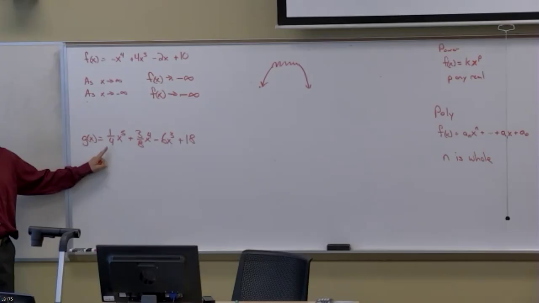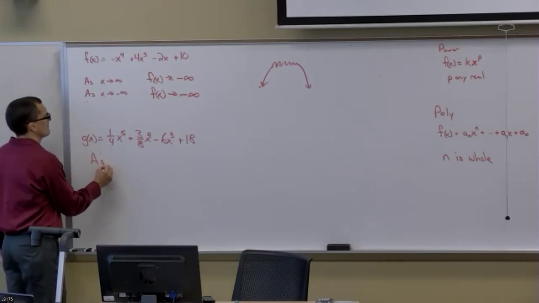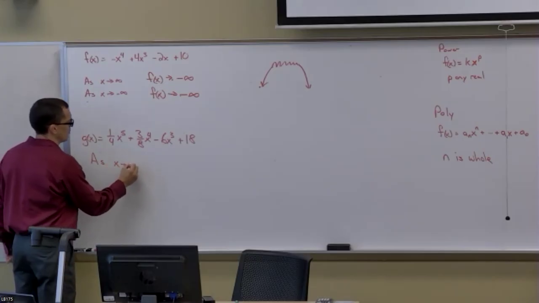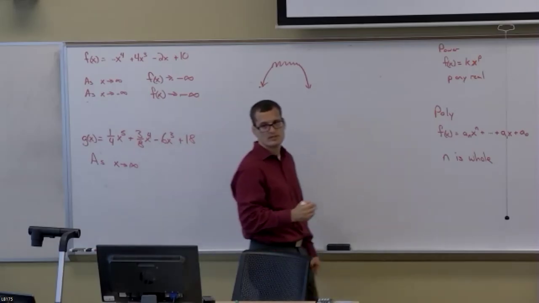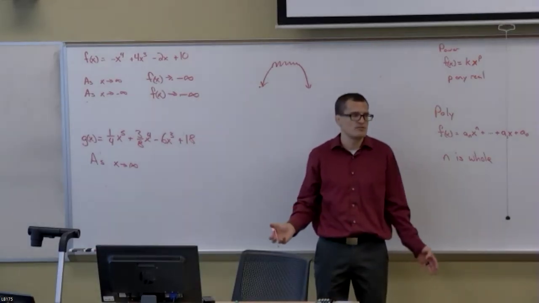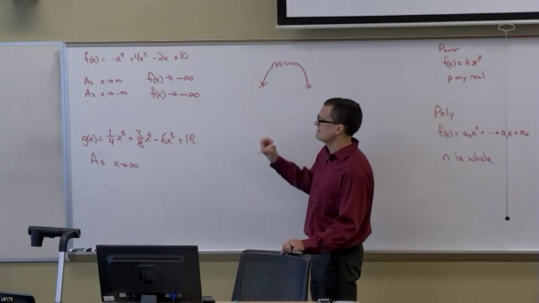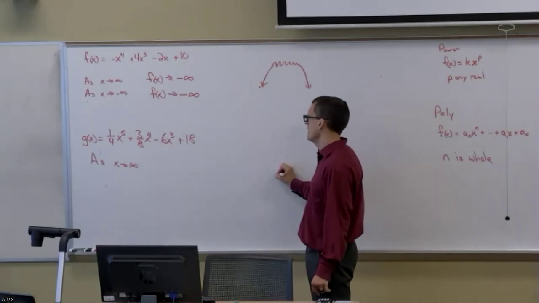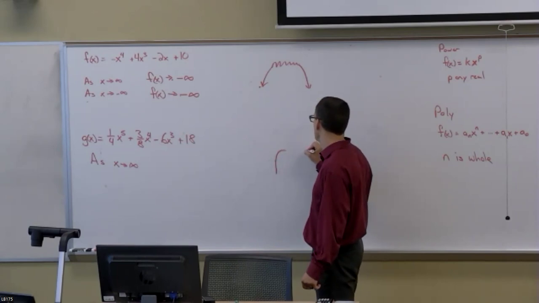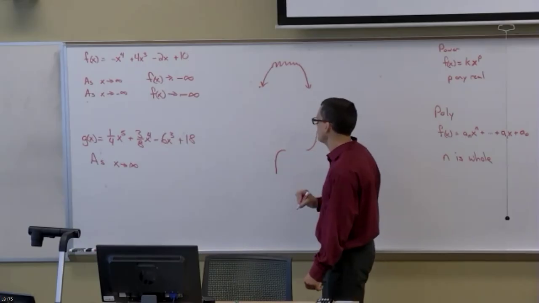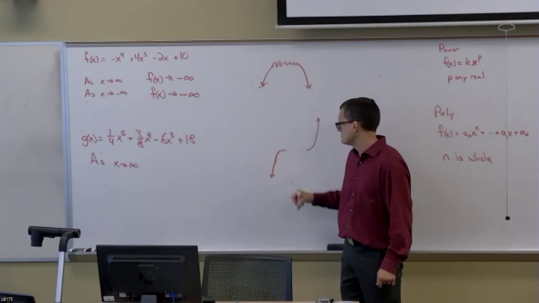The same thing is true with g of x, not in the way it's pointing, but in that the lead term is going to dominate. Even though the coefficient is 1/4, that lead term still dominates. That's a positive 1/4 x to the 5th. So we're going to end up with some sort of a shape that looks like this.